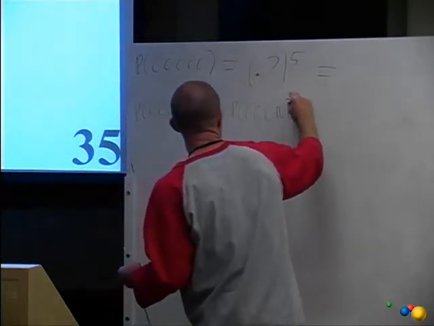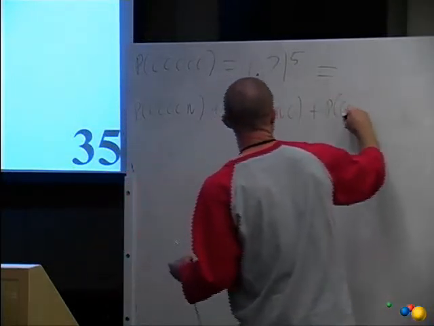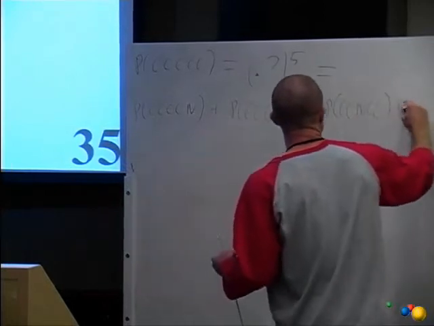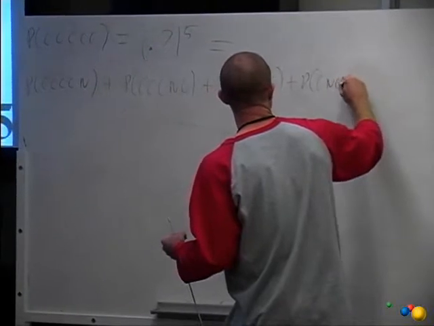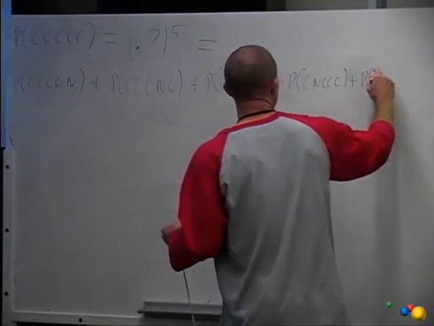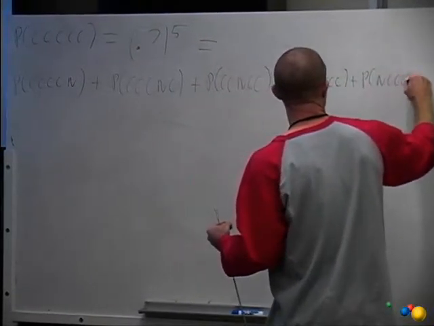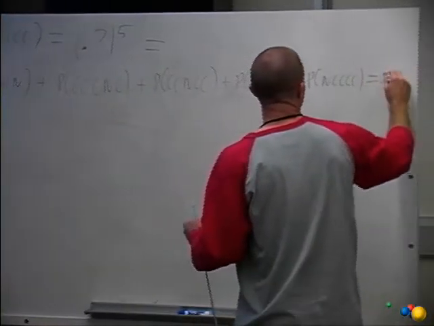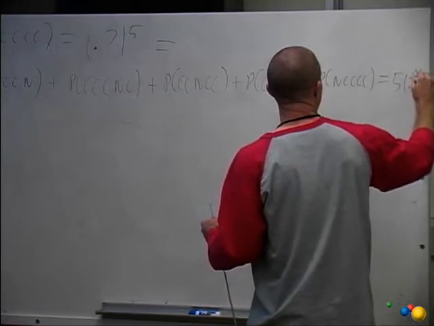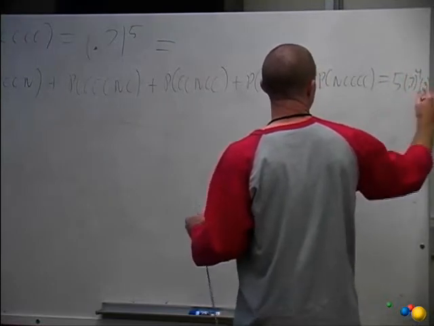You could do this 5 different ways: correct, correct, not correct, correct, correct, plus correct, correct, not correct, correct, correct, plus the last one, not correct, correct, correct, correct, correct. There's 5 of them, and they're all 0.7 to the 4th times 0.3 to the 1 power, right?